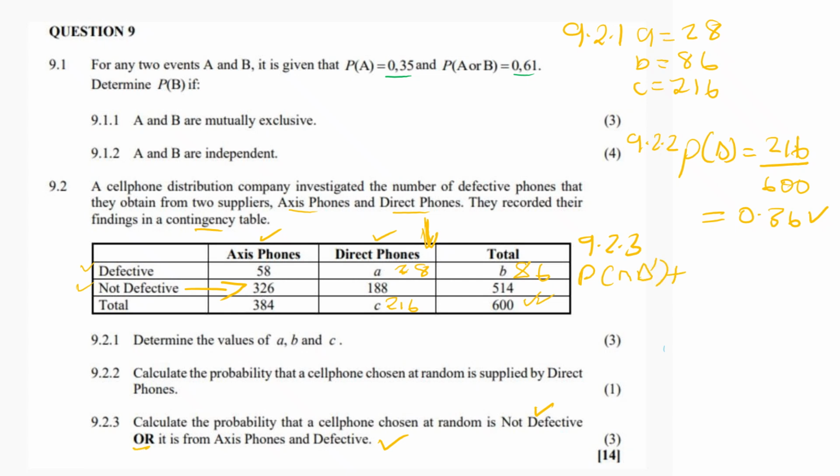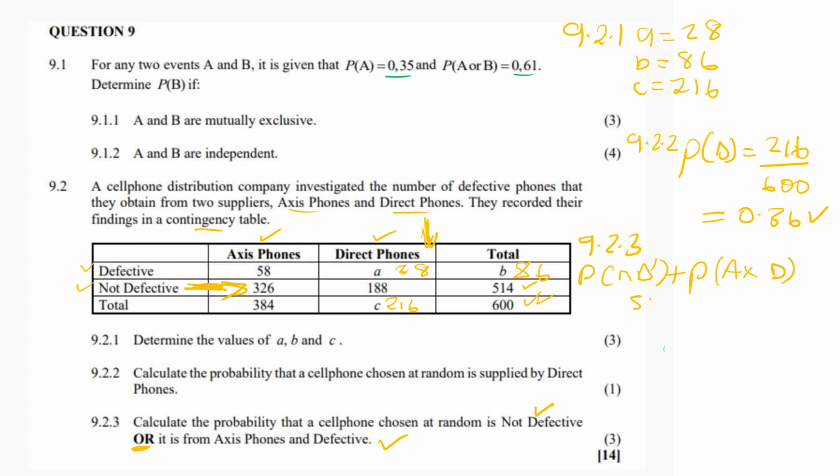This 'or' means adding, with the Axis phones who are defective. The probability of D complement, the probability that are not defective, remember I said the total of this line is 514.